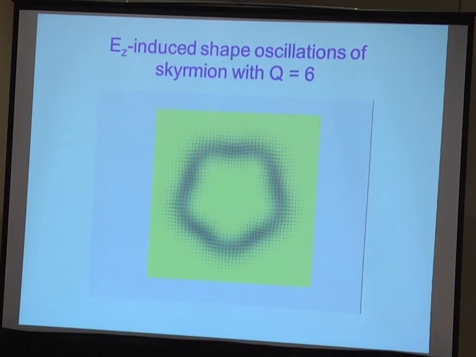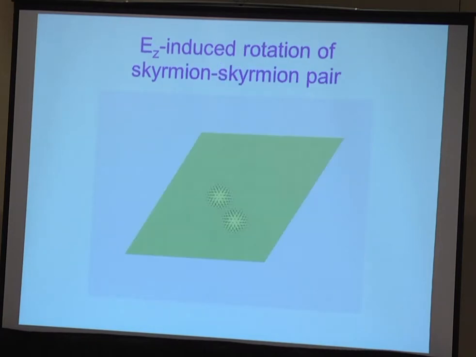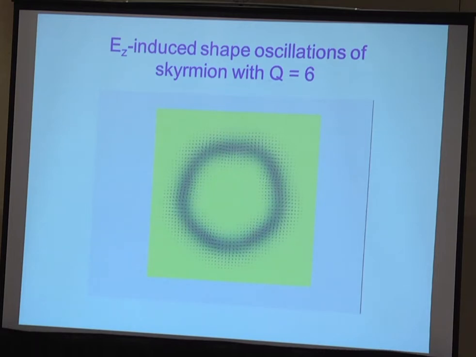If you take a Skyrmion with a large topological number, and a rather low frequency of electric field, you excite a pentagonal deformation of this Skyrmion. That's because the Skyrmion with topological number 6 has 10 Bloch lines inside.